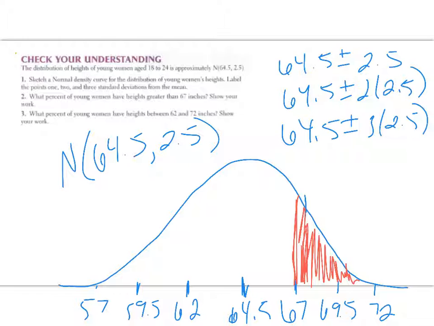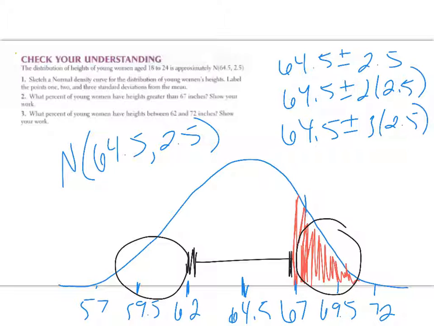Well, so let's look at how we can use this empirical rule in this curve to help us with this. So we know that from here to here is 68%. And now I'm left with this and this. So remember, my area under my curve is 100% or 1. So 100% minus 68%, okay, that's going to give me 32%.